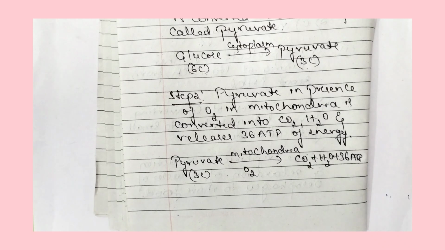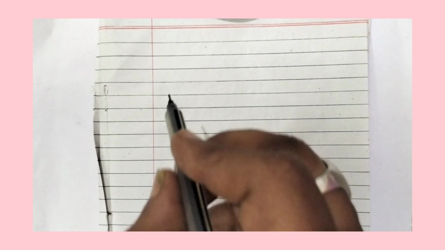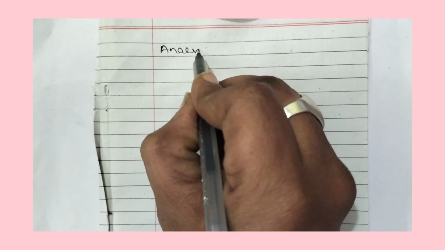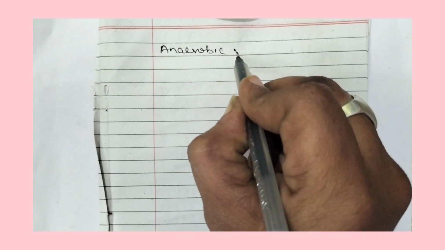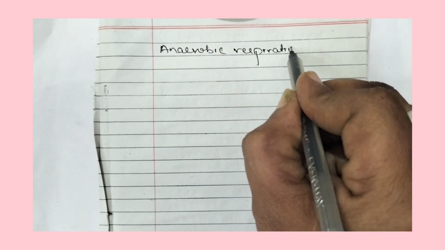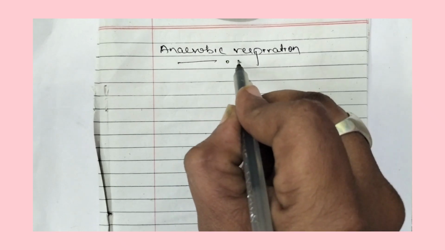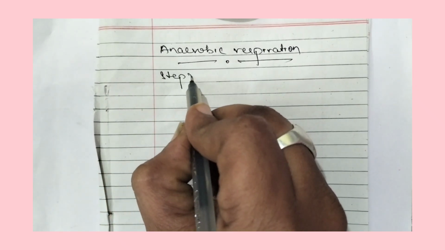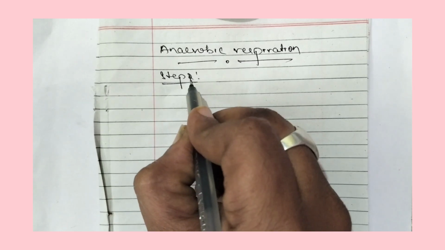So this is aerobic respiration. Now let us move to the second one, anaerobic respiration. Anaerobic respiration also takes place in 2 steps.